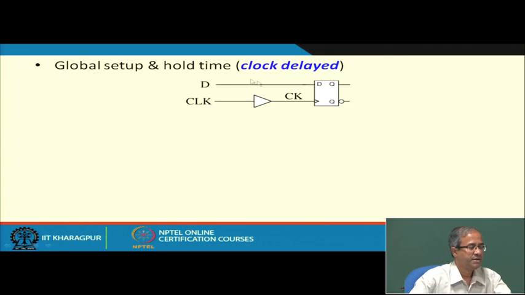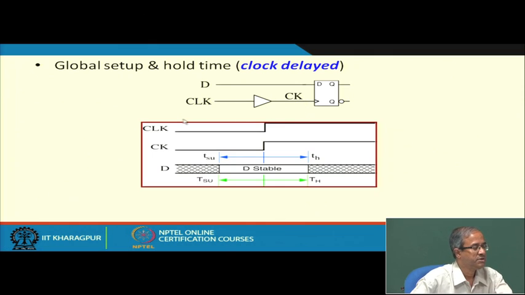Okay. Now, if the clock is delayed, so global setup and hold time for a single flip flop again. Now, the clock is getting delayed, there is a delay element. So, your CLK input clock is this, without any delay, the CK is like this. In an ideal situation you must have this D input coming, setup time before that, hold time after that.